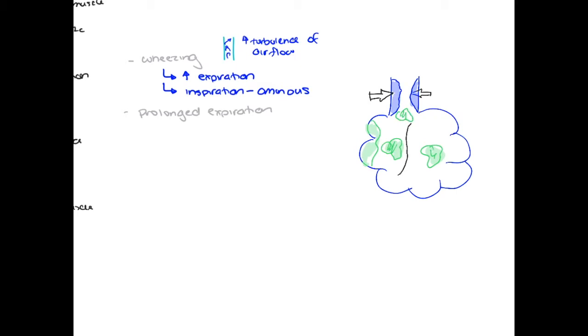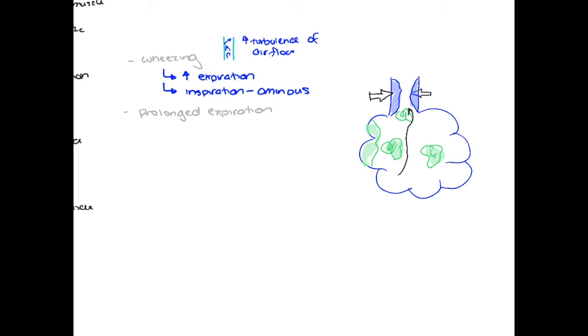As a result, the person expires for a longer period of time to ensure that the air is moving out under lower pressure and can make its way out of the airway.